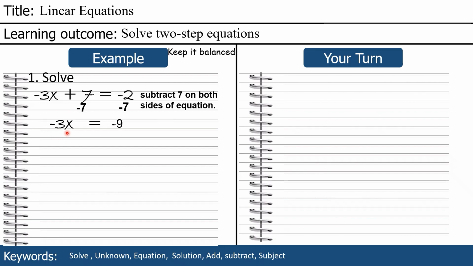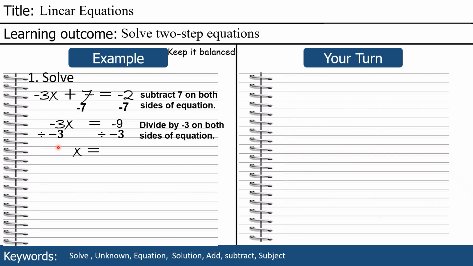Here we have x multiplied by negative 3, and the opposite or reverse of multiplying by negative 3 is dividing by negative 3. So we divide the left hand side of the equation by negative 3, and we divide the right hand side of the equation by negative 3.